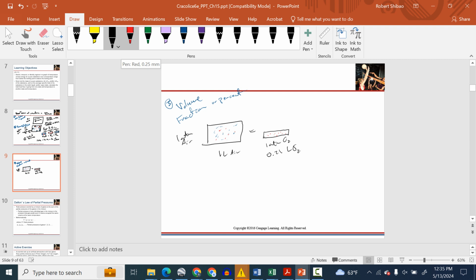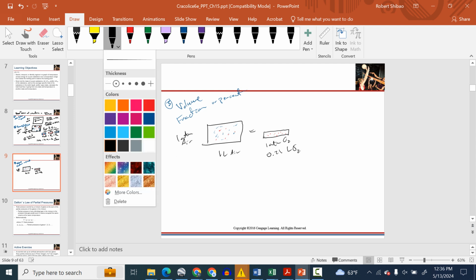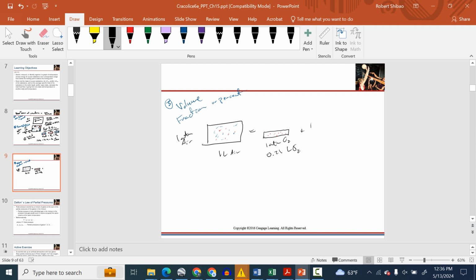Then I'm going to do the exact same thing for the nitrogen. So this is going to be plus 1 atmosphere of nitrogen. And so I've got to have just the right size box so I get the same number of collisions per unit area.